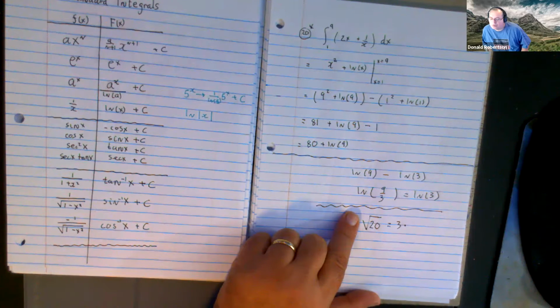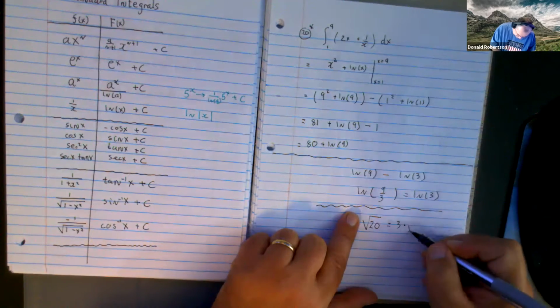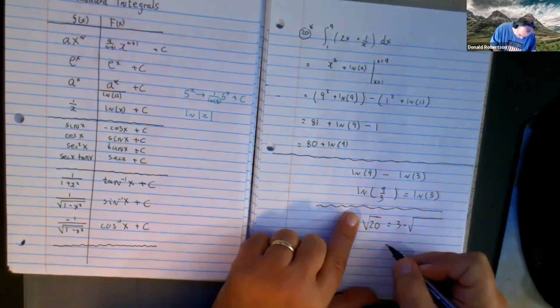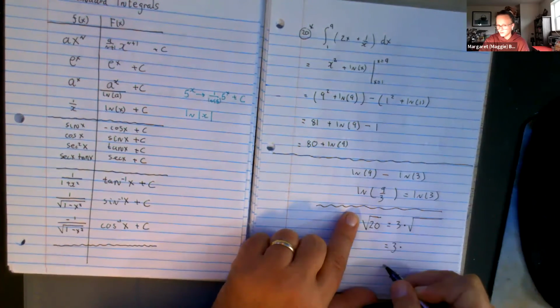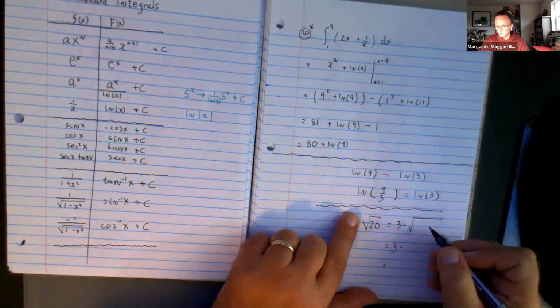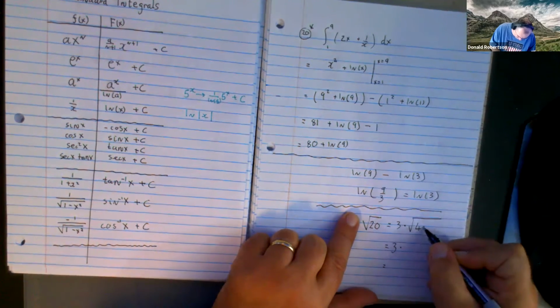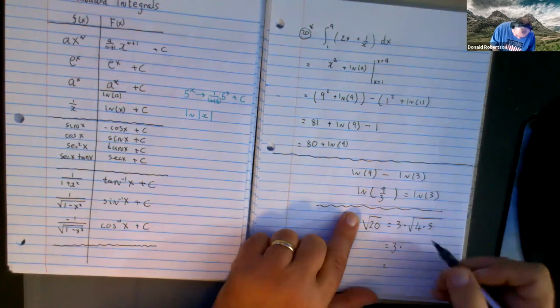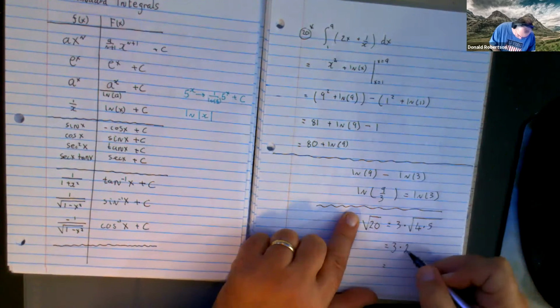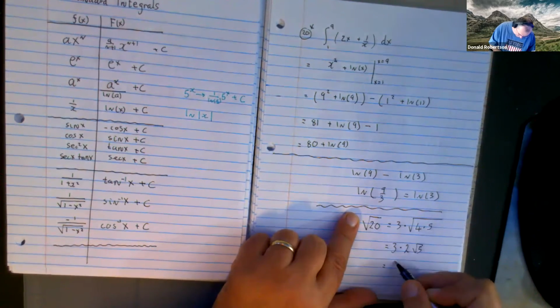Anybody remember how you simplify the square root of 20? Okay, what do you do? You pull out the 2 squared from the 4. So you call it 4 times 5, which is 2 squared. You suck it out and you get 2 root 5. So altogether you get 6 root 5.